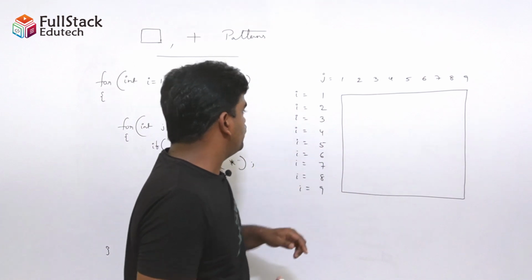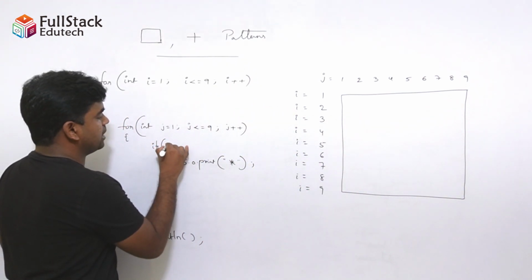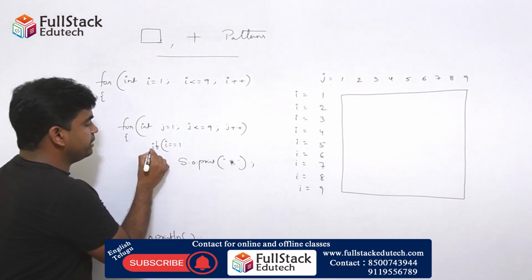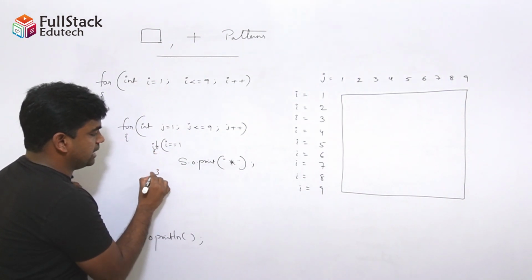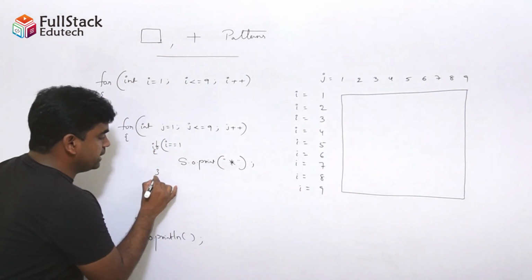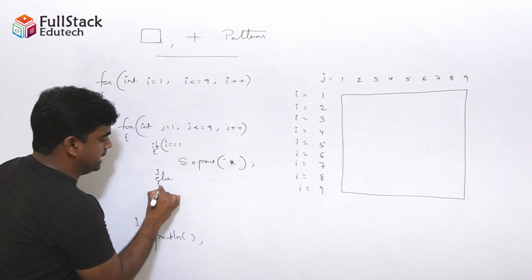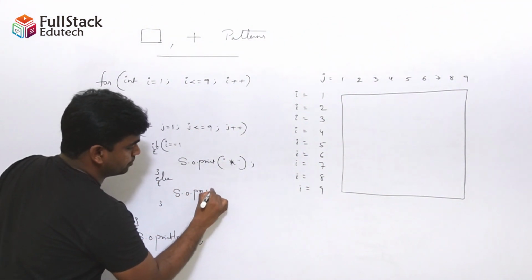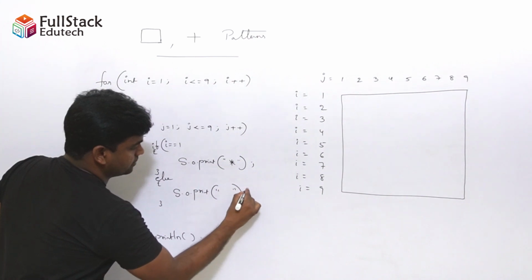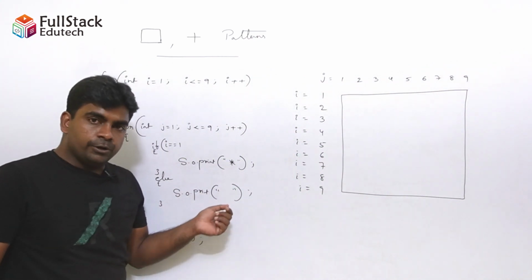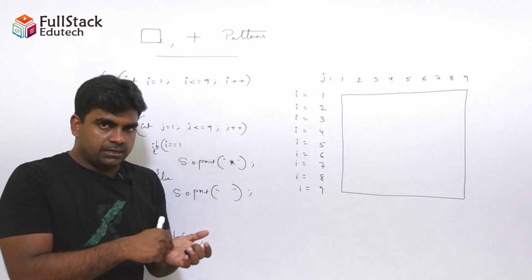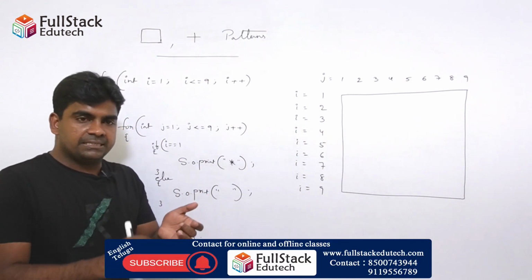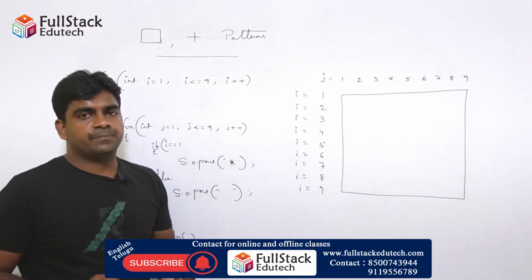So if i equals 1, then we need to display that star. In all remaining places, else, system.out.print, we must give a space. Here you need to click the space bar. Okay, please don't leave it blank. Just a space you must give.